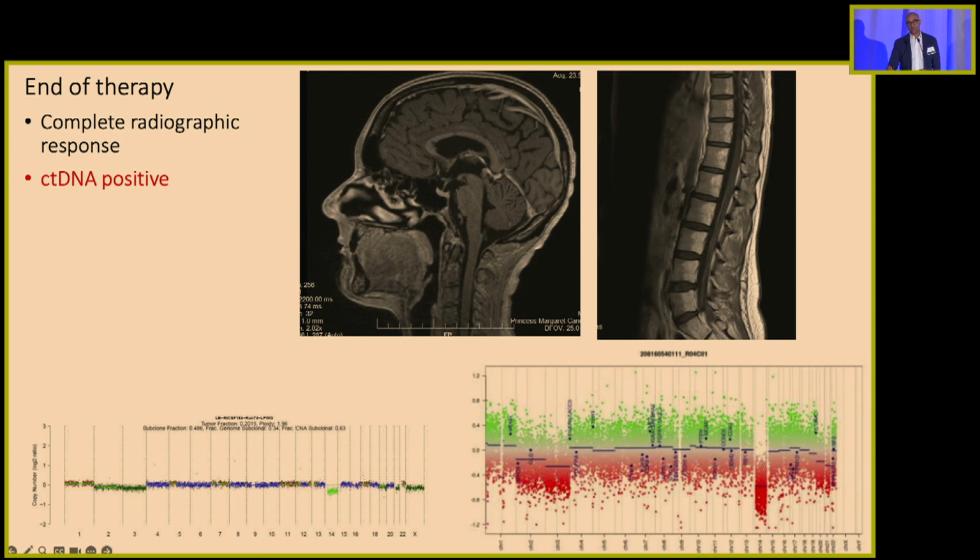But we looked at lumbar CSF, and you can see the readout from her CSF. She still has tumor DNA in her CSF. Our hematology colleagues would call this minimal residual disease. So, cancer that is still there, even though all our clinical indicators show otherwise.